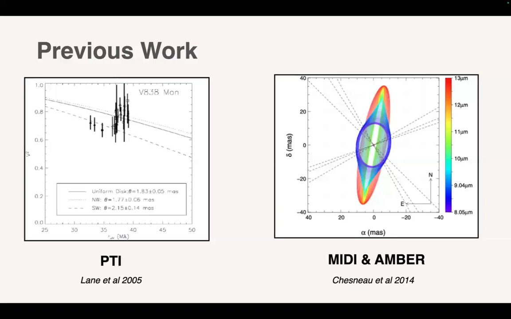All right. So prior to the commencing of my PhD work, there were these two studies that were done on V838 Mon. The one on the left was done using the Palomar Testbed Interferometer, which was just a two telescope interferometer. And what the authors did was measure the size of the object, V838 Mon. And on the right is the 2014 study by Olivier Chesneau. What Chesneau did was again get some rough size constraints.